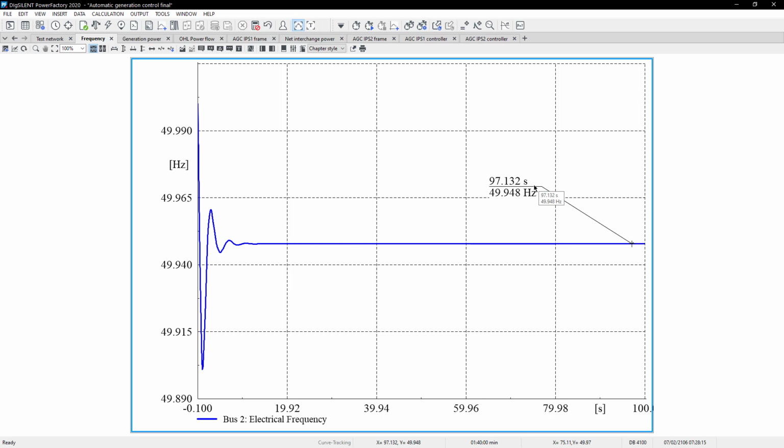I know, my colleagues Anton and Pavlovsky, that the IEEE system was basically 60 hertz, but they converted it into 50. The IEEE 14 bus is an American test system, but they converted it into 50, okay? Rated frequency here is 50 hertz, but there is no AGC action, okay?